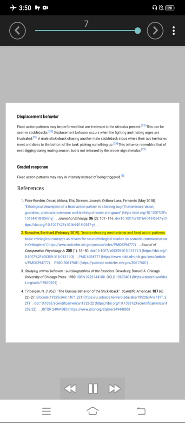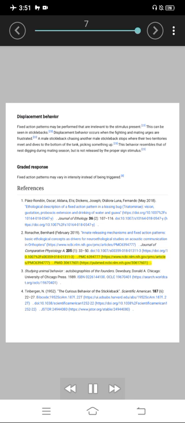Ronacher, Bernhard, February 2019. Innate releasing mechanisms and fixed action patterns, basic ethological concepts as drivers for neuroethological studies on acoustic communication in Orthoptera. Journal of Comparative Physiology A205 133-50. doi, 10.1007 per second 00359-018-01311-3 0.1007% 2F00359-018-01311-3.